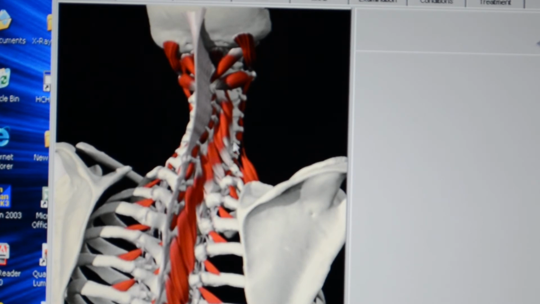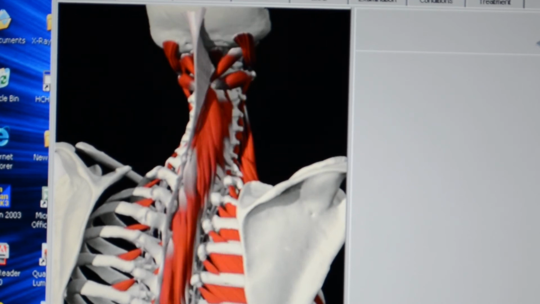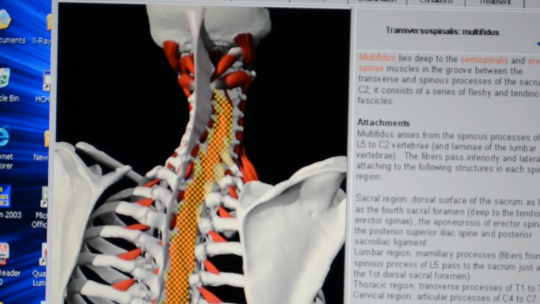And we're going to assume the pain is produced on this side, and when it does, as we said, these muscles become less active, and again, all these become more active. So the ideal thing to do is to try to get these multifidus to start working more like they should.